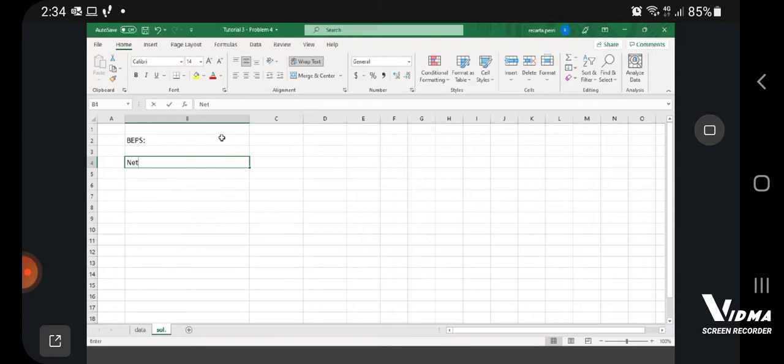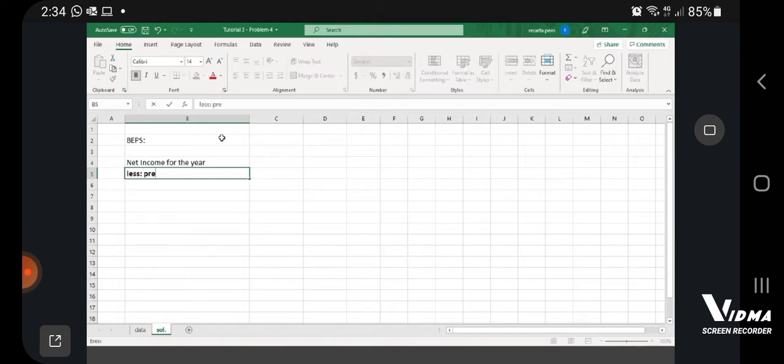So we start with net income for the year, as this is the information that we are given, and then we deduct the preferred dividend. Therefore, we can calculate the earnings attributable to common shareholders.